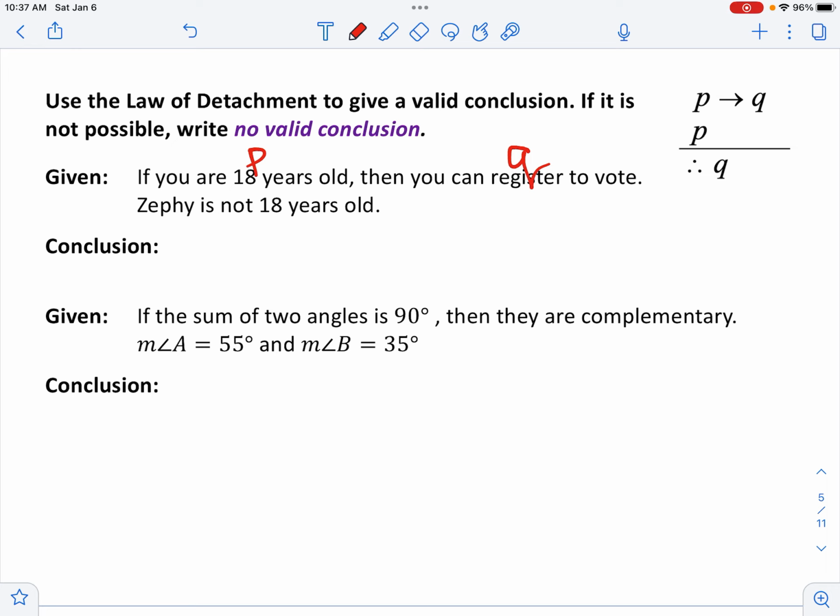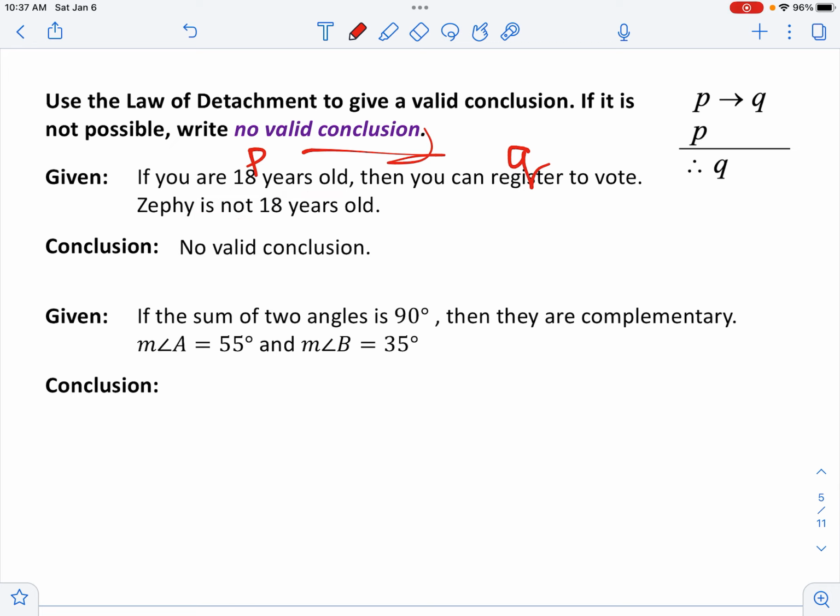So this is our P then Q at the top up here, but this does not match this. It needs to match or at least say the same kind of thing. And in this case, it doesn't match. So we can't draw a valid conclusion from this. So that's what we're going to write. We're going to write no valid conclusion. Okay. So again, that's because this piece does not match this.